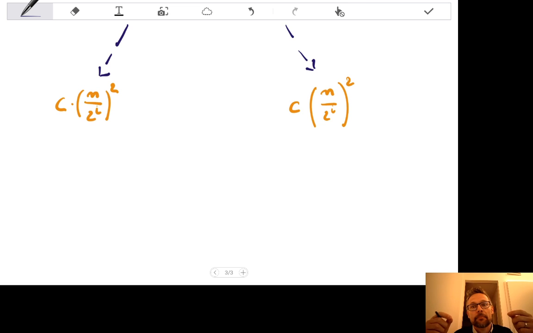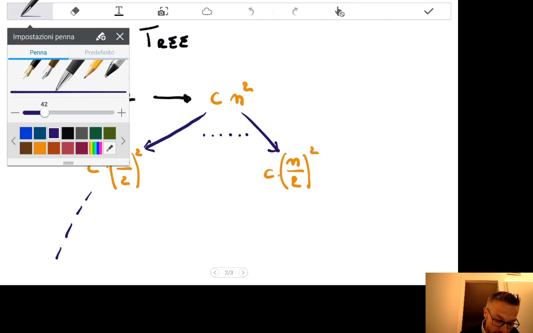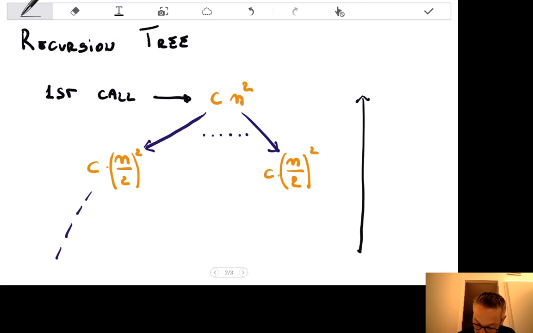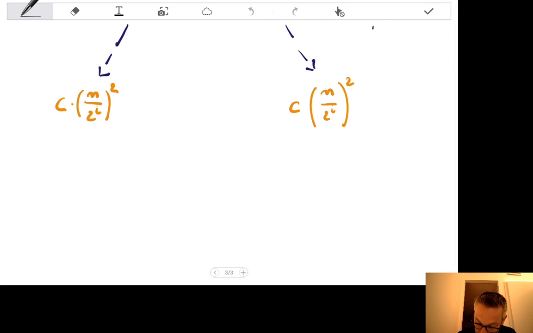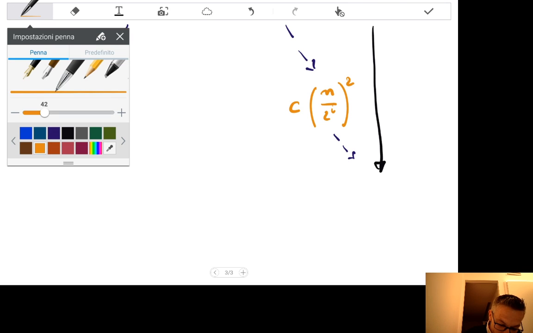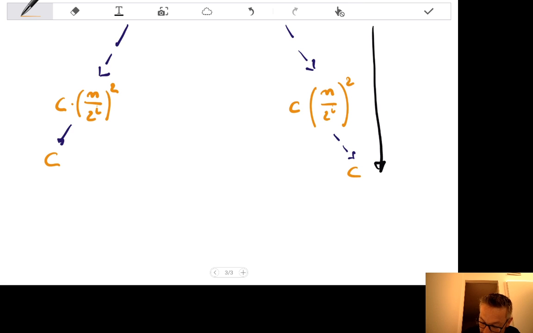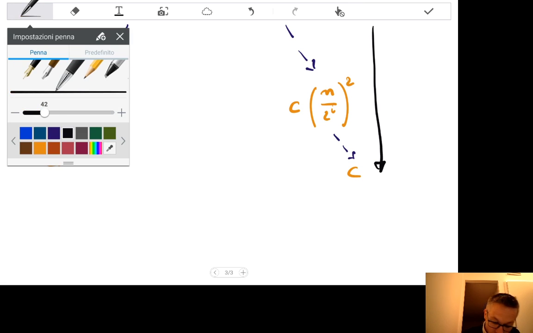Since at each level of this tree I'm dividing n by 2, and since my recursion ends when the size of my matrix is 1, the height of this tree will be, guess what?